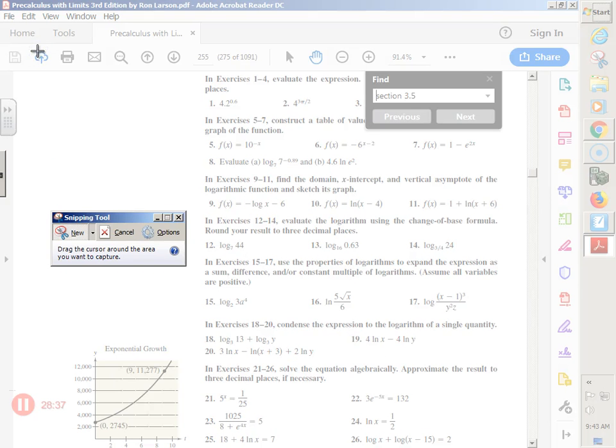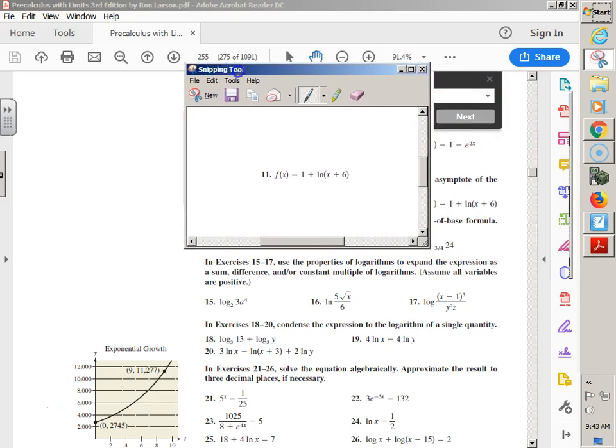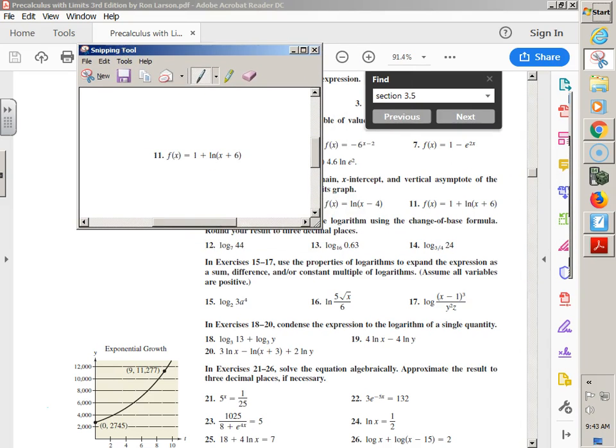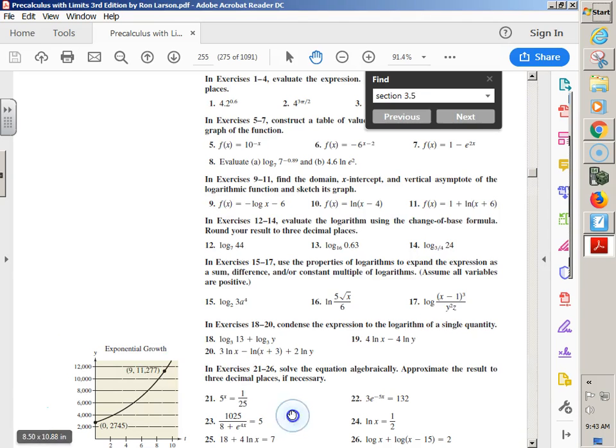Number 11, though, is a great problem. Actually, I like all of them. I like 9, 10, 11, all the ones down in the 20s, because they are a solve the equation problem, but the only way to solve it is to know how to work with ln. Wait, are we graphing it? Oh, I thought we were solving it.